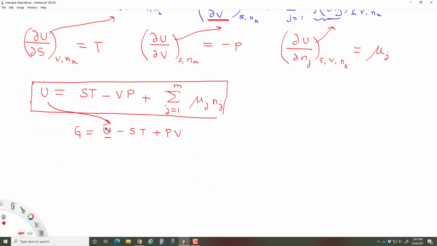If we do that, we get G is equal to ST minus VP plus the summation from j equals 1 to m of mu j n j, minus ST plus PV.